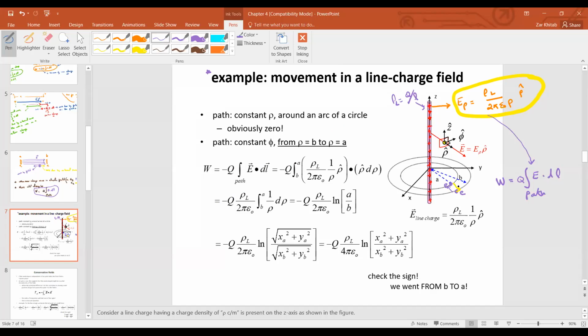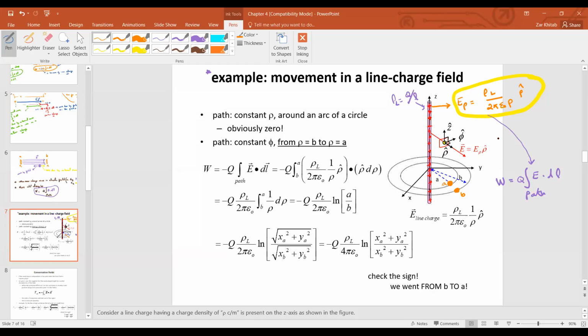Now suppose this is my point B and this is point A. So I have these two points.